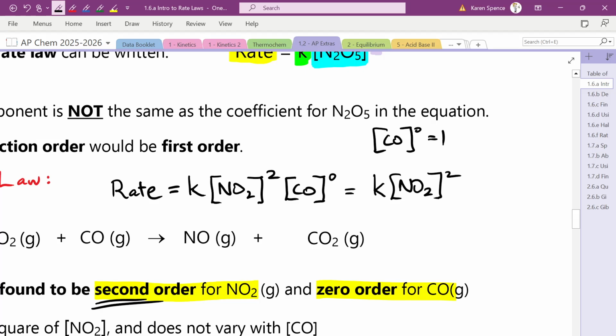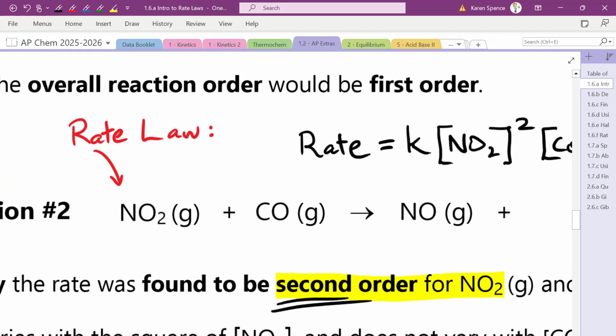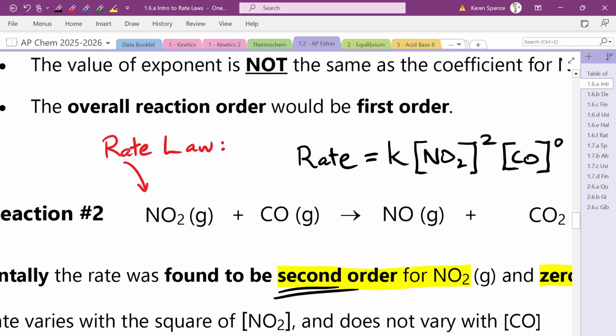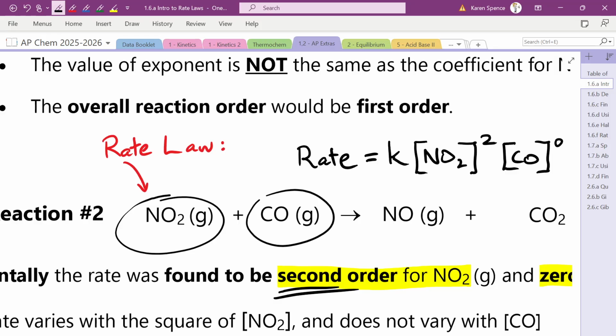So what that means is that this particular reaction actually doesn't change its rate when you change the concentration of carbon monoxide. You would not be expected to know that unless somebody tells you that it is 0th order for CO. So if I said, how could you speed up the rate of this reaction, in the regular material, you would say, I could increase the concentration of NO2, or I could increase the concentration of CO. You would not be expected in any way to know that it was 0th order for CO. Does that make sense?